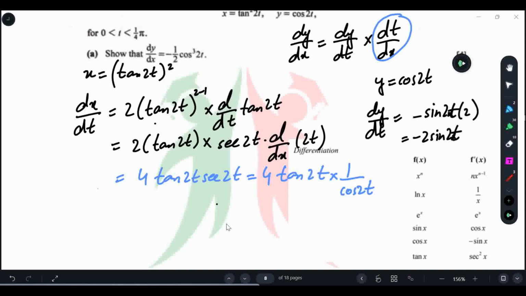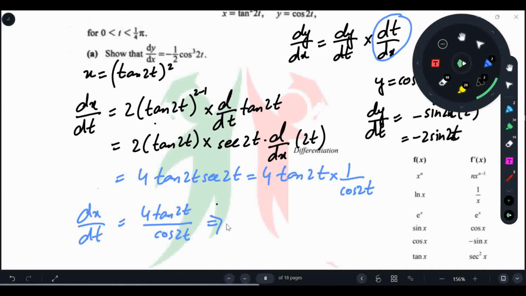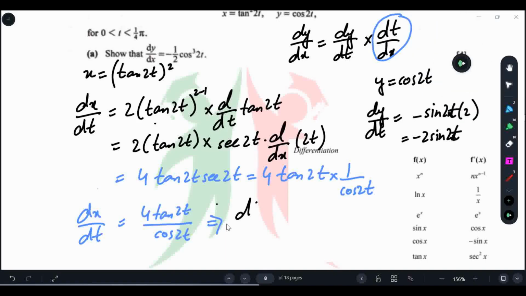Now dx by dt will be equal to 4 tan of 2t divided by cos of 2t, and from here we can take the reciprocal. So dt by dx will be equal to cos of 2t divided by 4 tan of 2t.